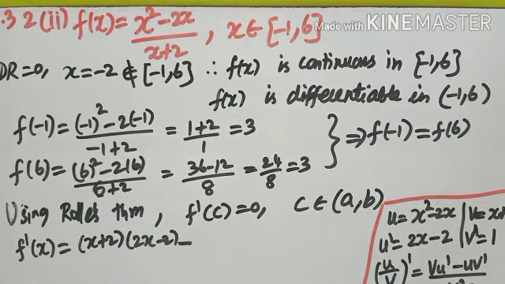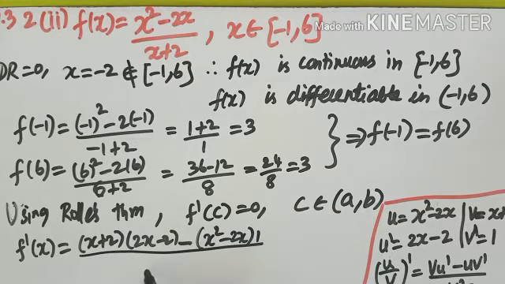We will apply these values in the derivative. F dash of x is equal to vu dash, x plus 2 into 2x minus 2, minus uv dash, x square minus 2x into 1, divided by v square, x plus 2 the whole square.